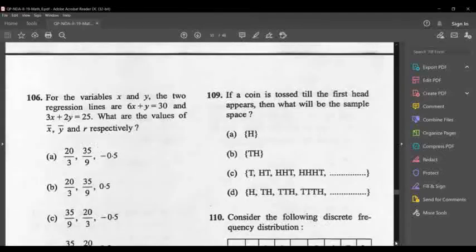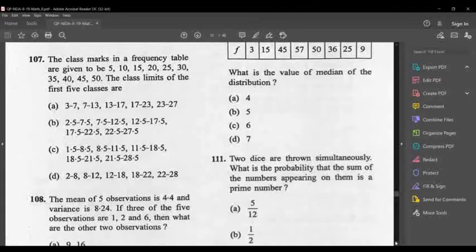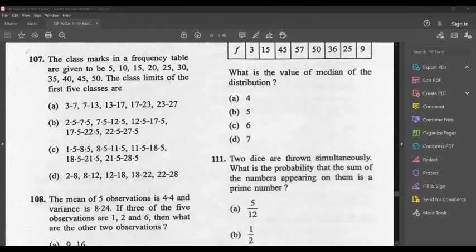So we'll see question number 107. Class marks in a frequency table. Question number 107. Please try.